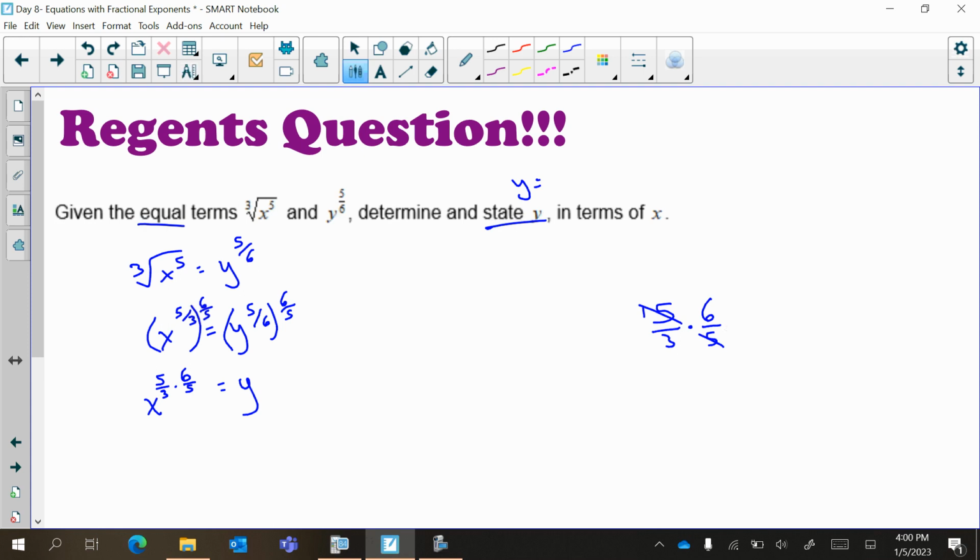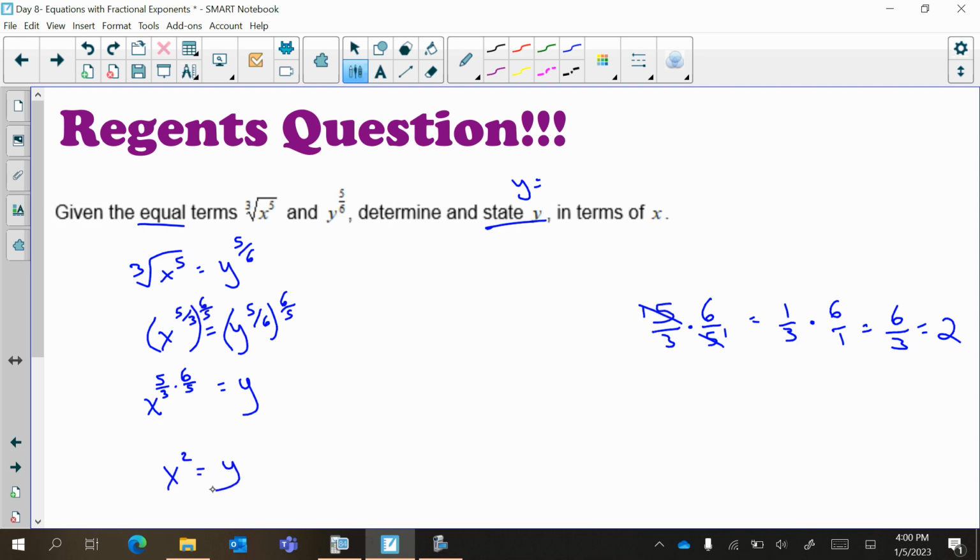They become 1. From there, 1 times 6 is 6. 3 times 1 is 3. 6 divided by 3 is 2. This is x squared, and if you put in the calculator, you would get the same.